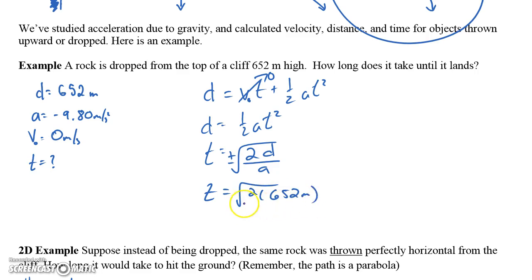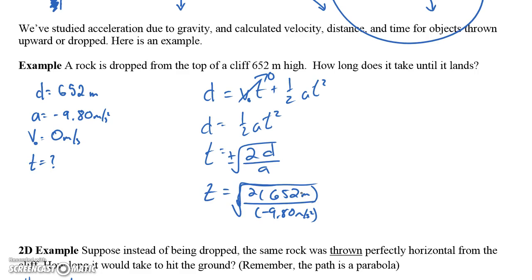652 meters over negative 9.8 meters per second squared. But we have somewhat of a problem because we're going to end up with a negative number underneath our square root. And that's because of the cliff. Remember, when we're dealing with things in free fall or vertical motion, we have to think about the direction.